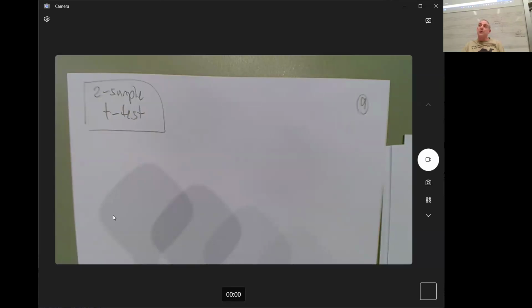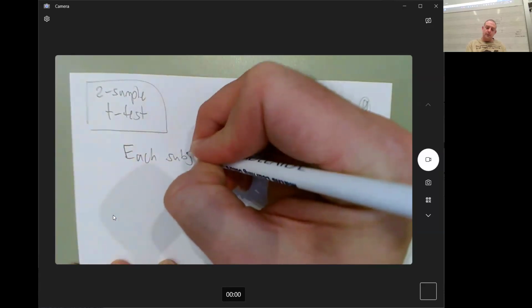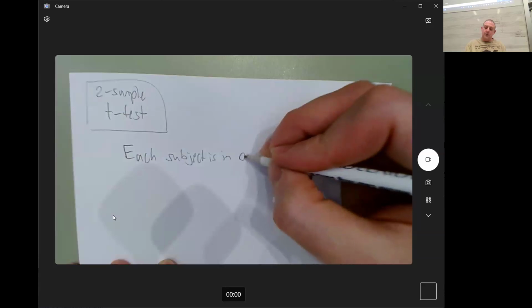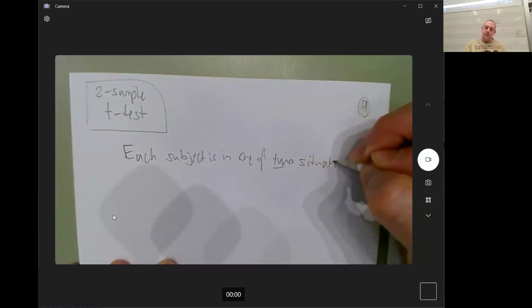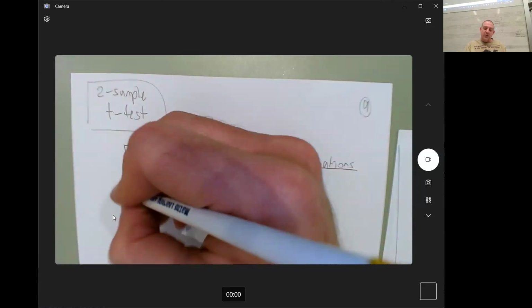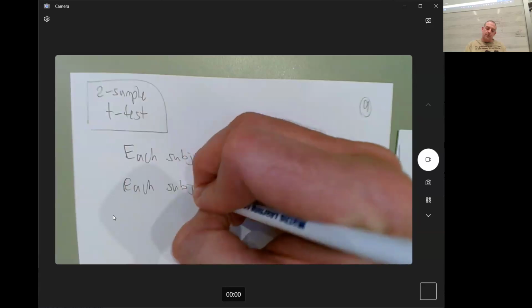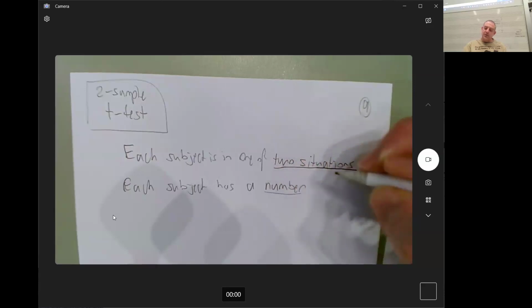is designed for a situation where you have 2 samples. And each individual subject has a numerical outcome that you've recorded, but they also have a piece of information about which situation they're in. Each subject is in one of 2 situations, and each subject has a number measured.